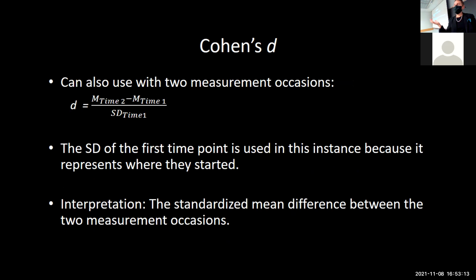Or you can divide it by the standard deviation of everything if you want to, but the standard deviation at time 1 I think is more traditional. We use the standard deviation at time point 1 because it represents where they were when they started. The interpretation of this is the standardized mean difference between the two measurement occasions. So it's a nice way to talk about how much change occurred in standard deviations from the original time point.